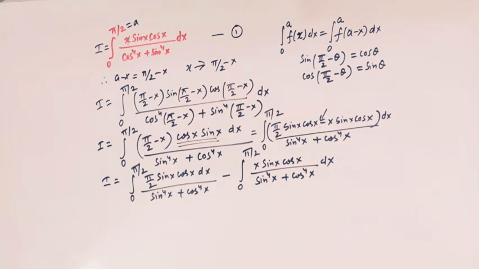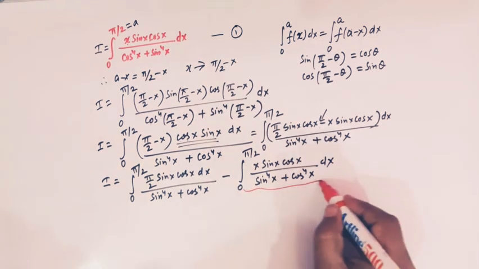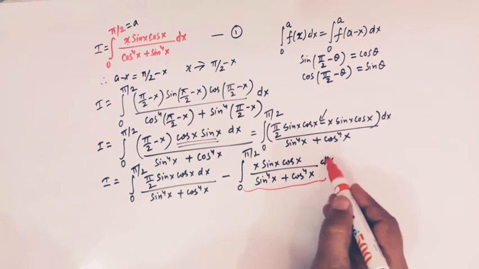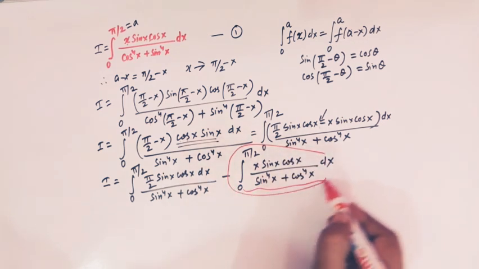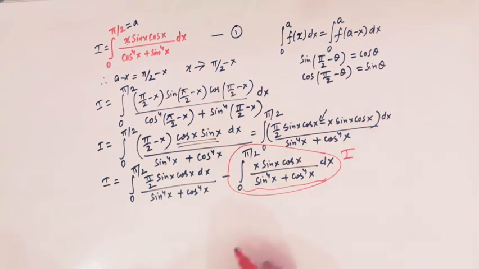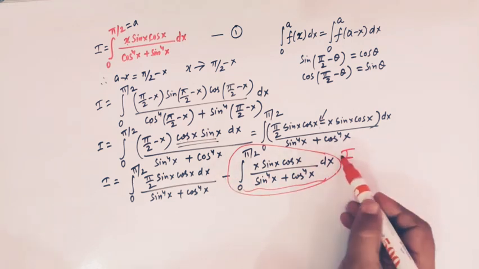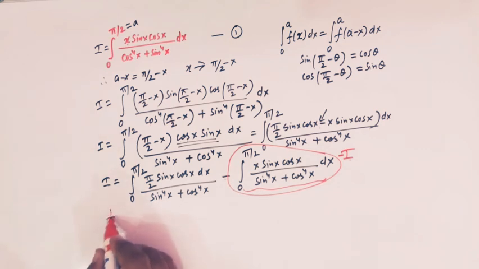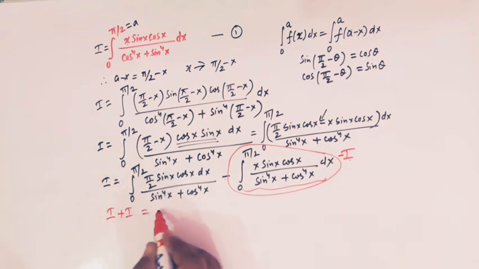Now we see that this integral is the same as the original integral, so this whole integral can be replaced by I, and this becomes minus I. If we take minus I to this side, we get I plus I, that is 2I.